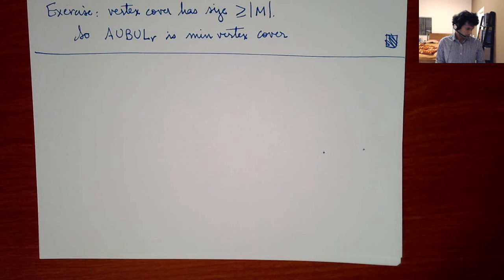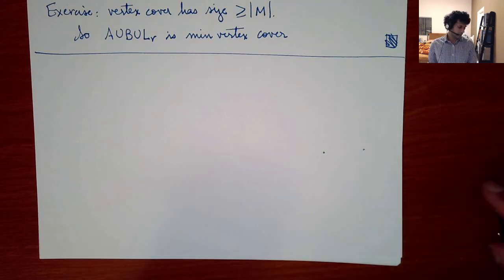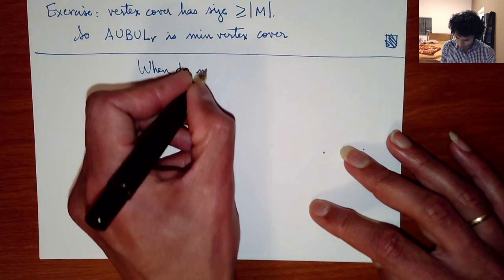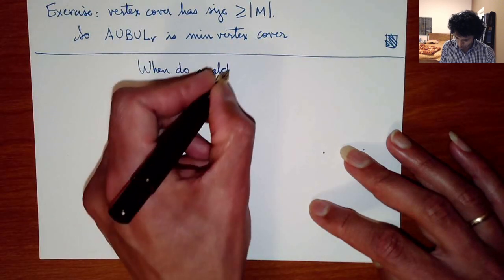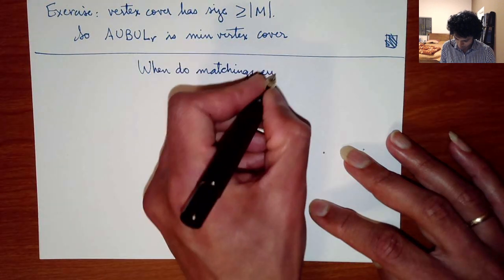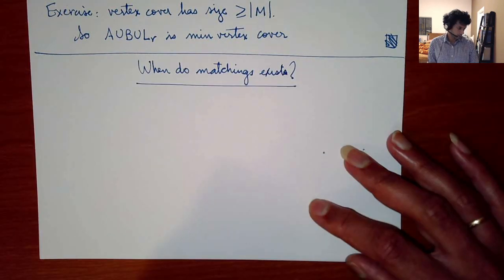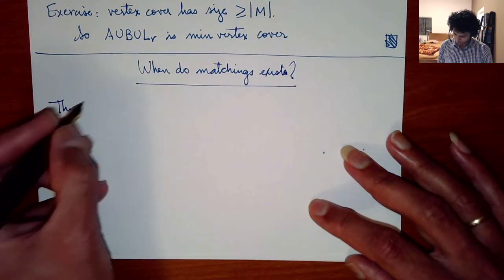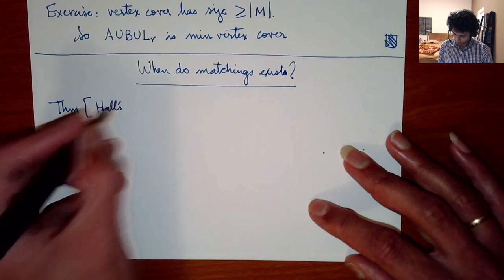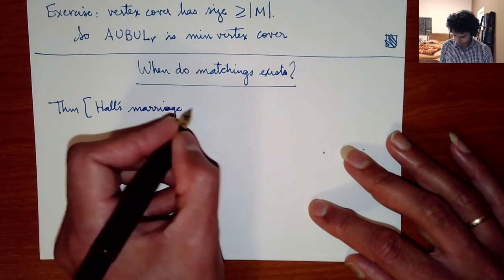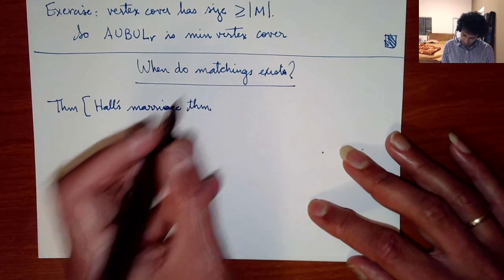Okay, so I'll just say one last statement, and then next time we can prove this. An interesting question is, when do matchings exist? And this is now a theorem of Hall. This is another famous result in graph theory called Hall's marriage theorem. And this dates to 1935.